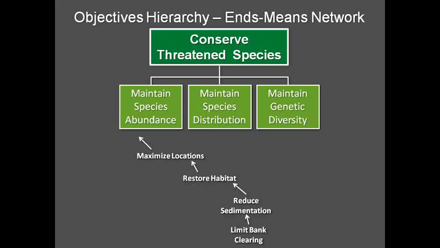So this is the values-focused thinking approach. The objectives are what you start with, and from there you work through the rest of the decision analysis. So it's a useful technique, and we'll come back to influence diagrams in a few more modules. But hopefully this allows you to see how the objectives hierarchy is related to fundamental objectives, is related to means objectives, and ultimately might be related to alternative actions.